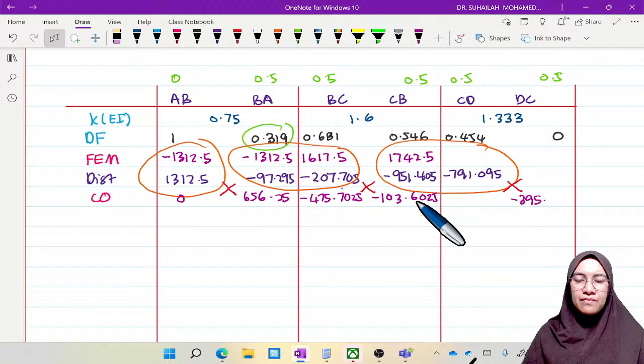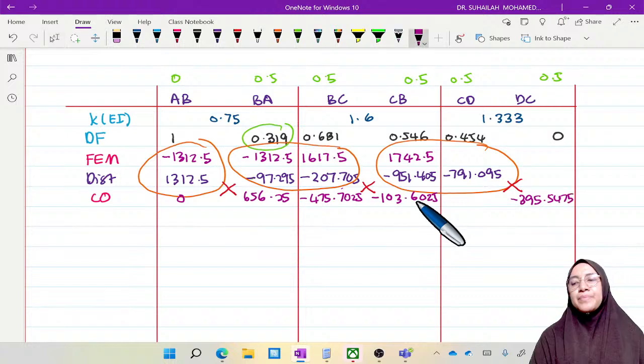So this is the process of distribution and carry over, and after this we need to repeat the process again for distribution.